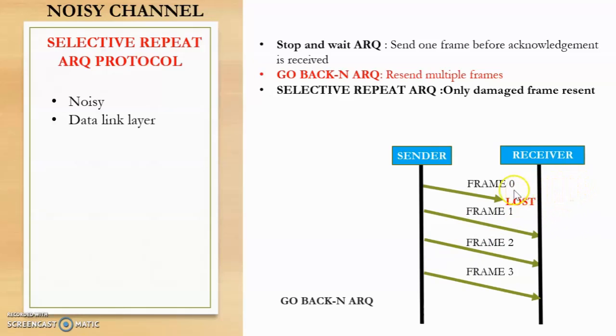So the receiver will wait for frame 0 and even if other frames arrive, that is even if frames 1, 2 and 3 arrive, it will discard them as the receiver will only wait for the expected frame. That is, the receiver will always accept the frames in order. So after the timer expires, all the frames will have to be resent. As a result, in go back n ARQ, there will be a lot of retransmission of frames.